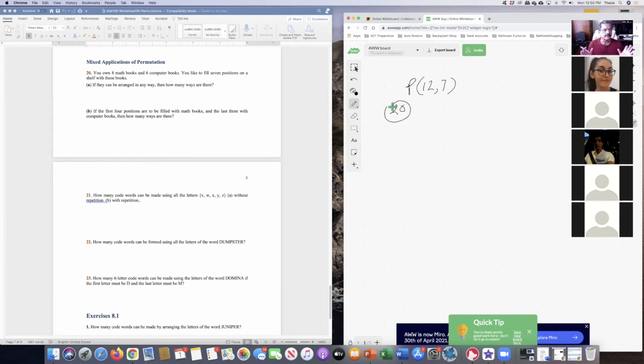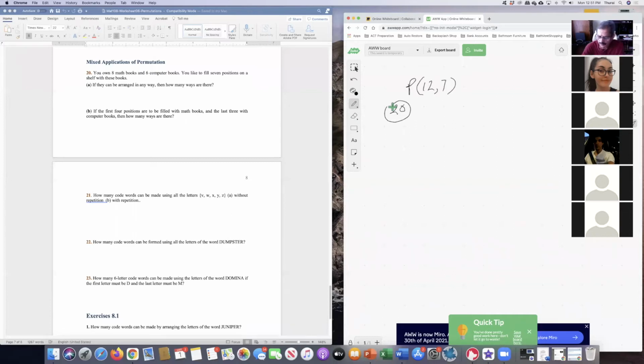Then you can just add those numbers up. There are 14 books, and you need to fill up 7 openings in the bookshelf. Means you have to select 7 and arrange them in any order. So you're arranging them on the shelf. So that's why it's permutation. Number of ways of arranging 7 chosen from 14.